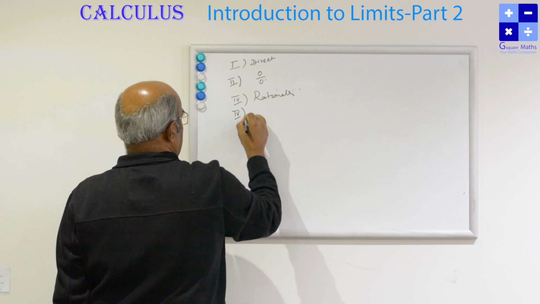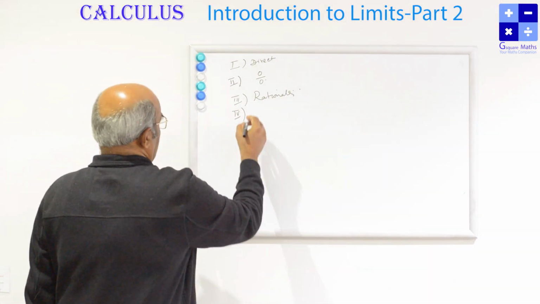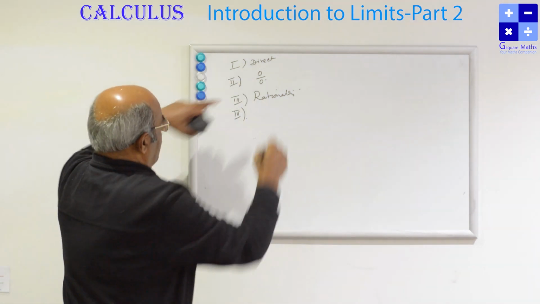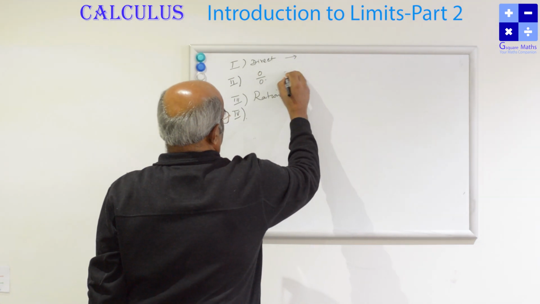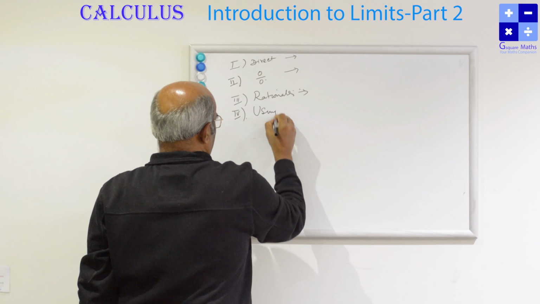Fourth one is using formula. We have seen one example of direct, one example of 0 by 0, and one of rationalizing. Now the fourth one is using formula.